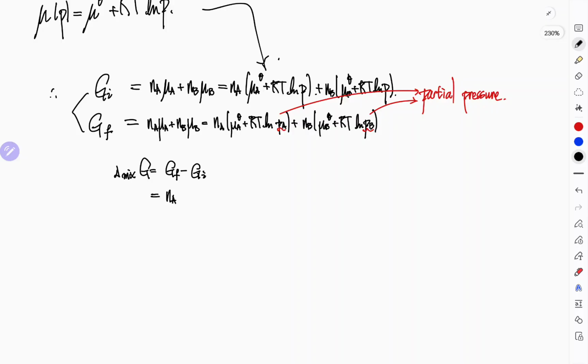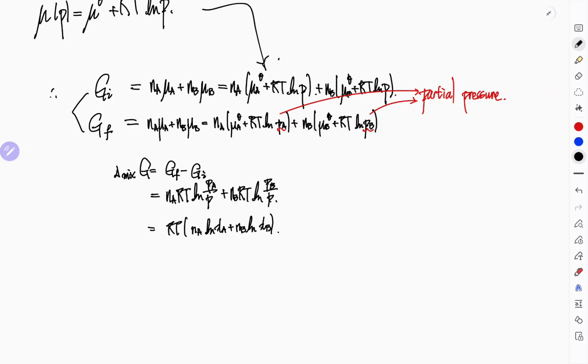The partial pressure J is the mole fraction multiplied by the total pressure. So this can be expressed as the mole fraction of A, meaning that also this component nA is expressed as the mole fraction x multiplied by the total amount of molecules.